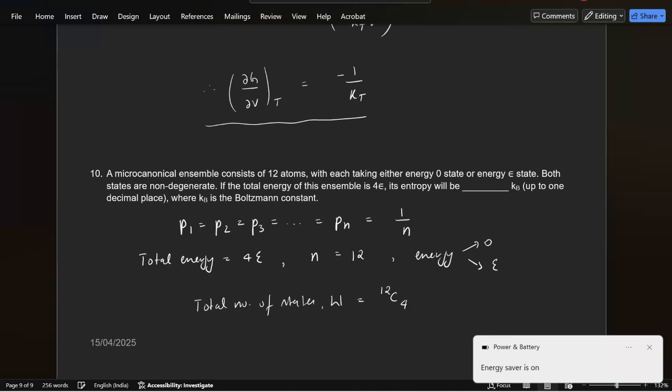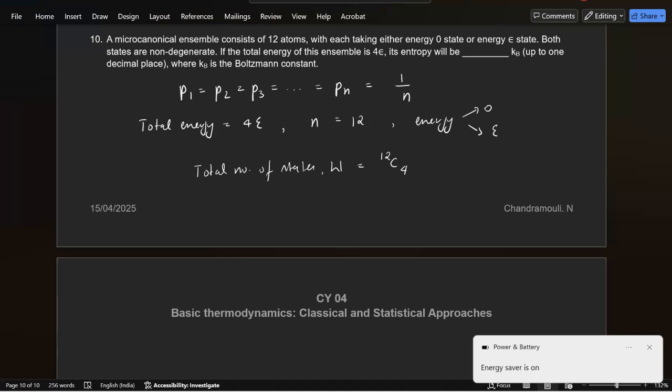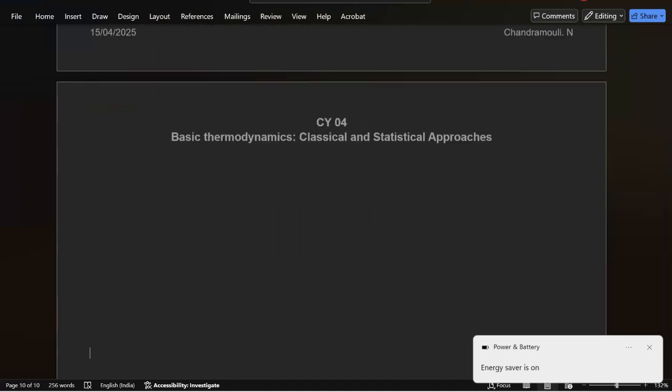Correct. So now let's do that. W is equal to 12 factorial divided by 8 factorial 4 factorial, which is 495. So that is the number of microstates.